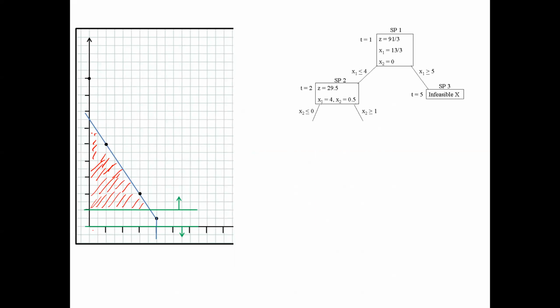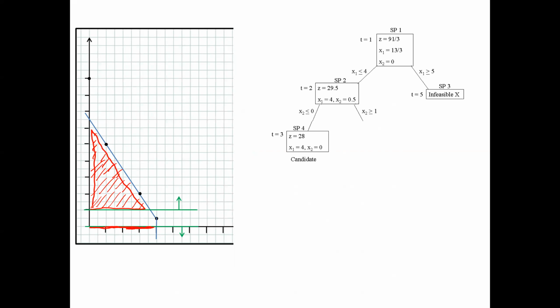Those are two subproblems. This line right here is cut by x2 less than or equal to 0, and then we also have this area right here for the other subproblem.